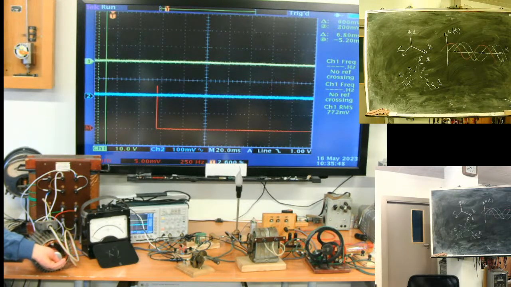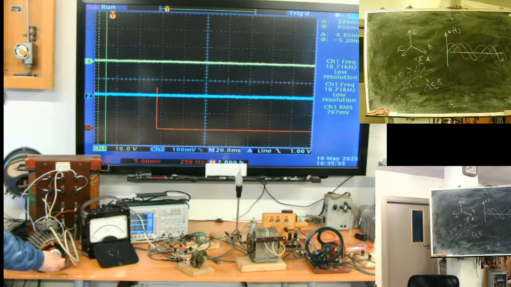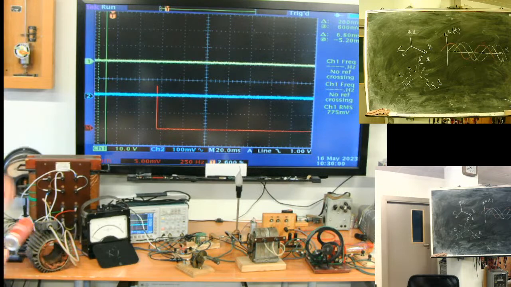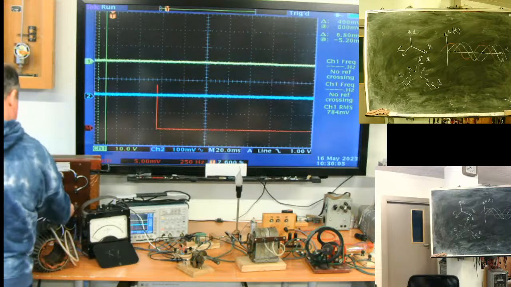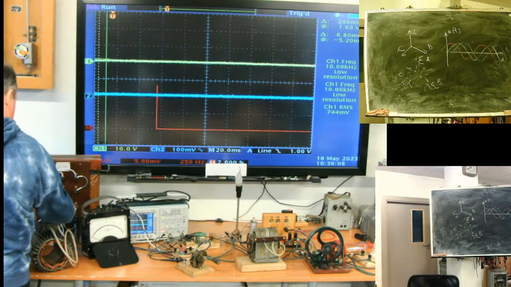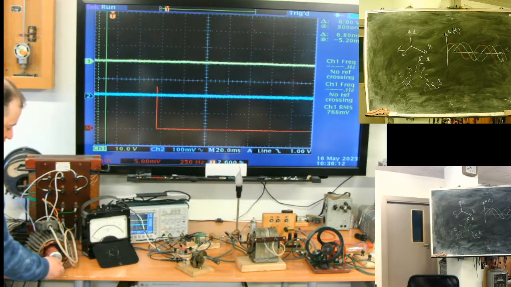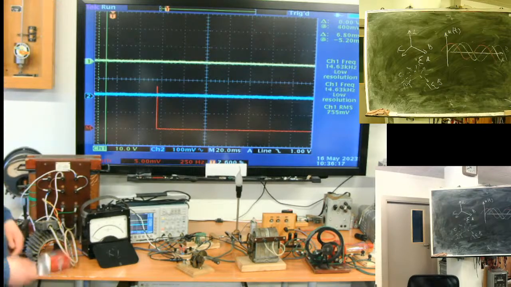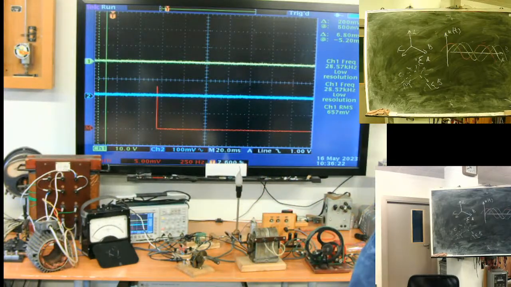Why does it rotate? Can you change direction? Easy. Is it a DC motor? AC, simple, asynchronous, it rotates in the opposite direction. Just change the phase sequence. Easy. Why does it rotate?